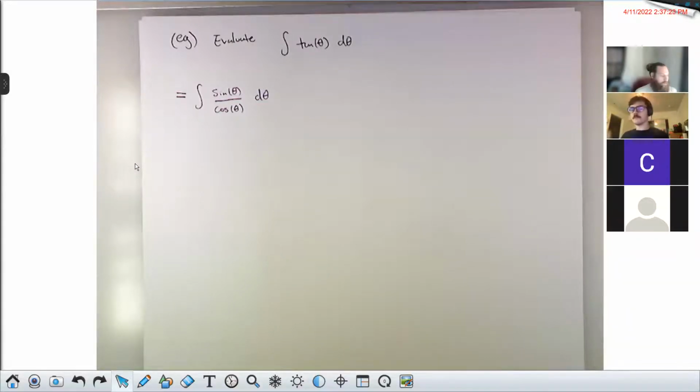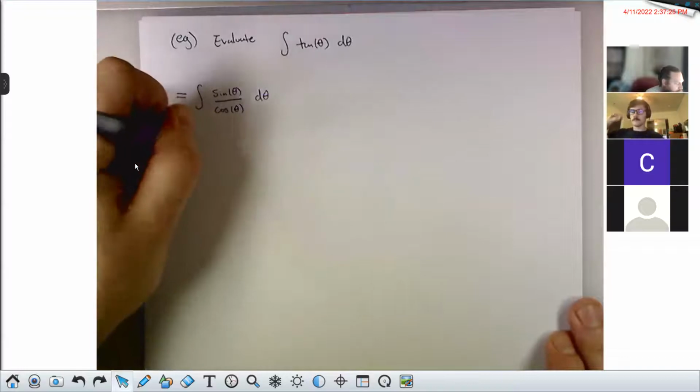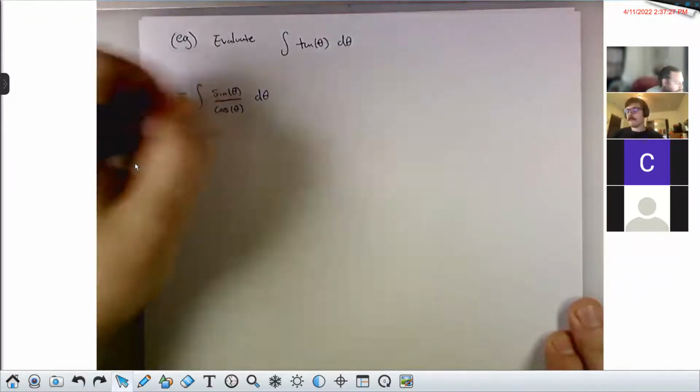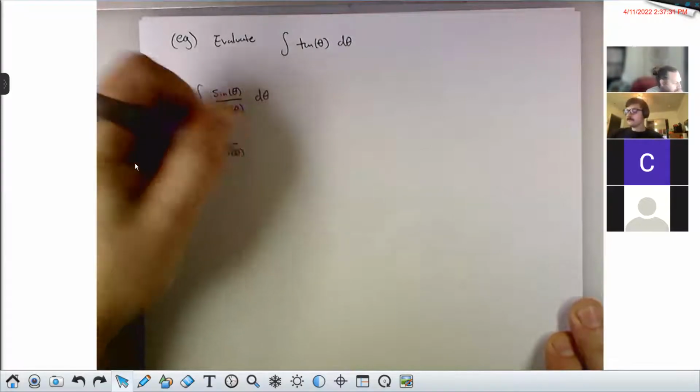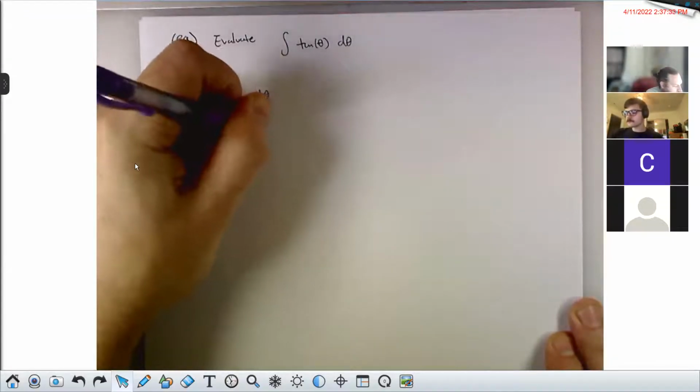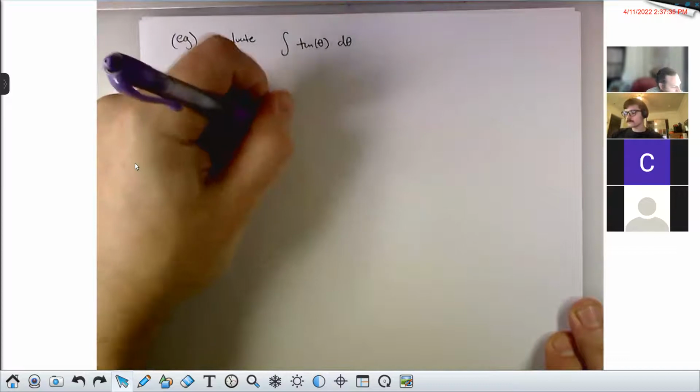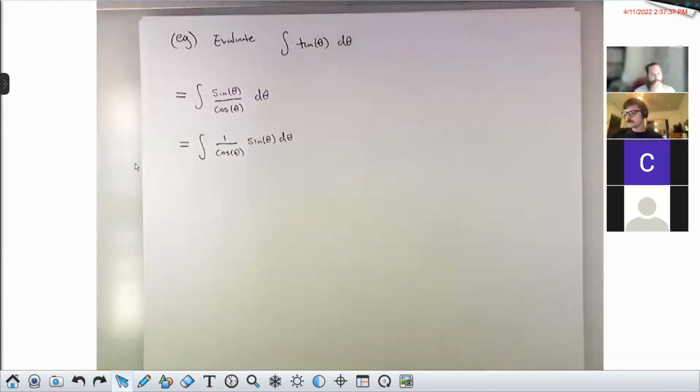But using that same sort of trick we wrote down with fractions a second ago, this is the same as 1 over cos theta times sine theta d theta.